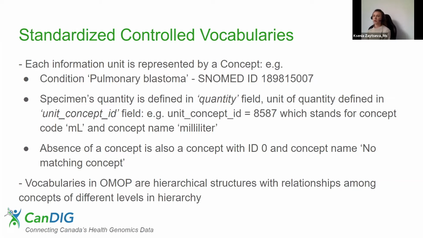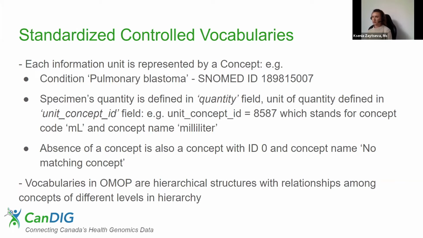Even absence of a concept is also a concept. In OMOP, it's code 0 and the concept name is no matching concept. All vocabularies in OMOP are hierarchical structures, and they contain relationships to each other, and concepts on different levels of the hierarchy can be related to each other.